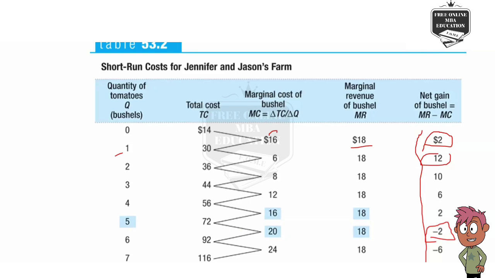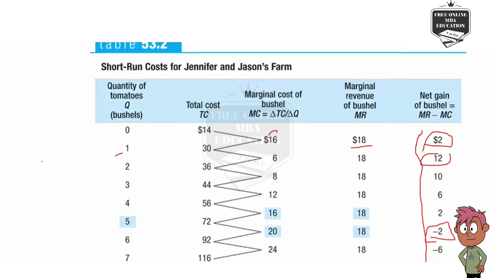But by my sixth unit, my marginal revenue has come down, but the marginal cost has remained the same. Now, when my marginal revenue has come down and I see the differential value, technically I am spending more money to earn that small profit. So my money spent on the sixth unit is higher than my money earned on the sixth unit. This is how we define it. So I'm spending more money to earn this profit.